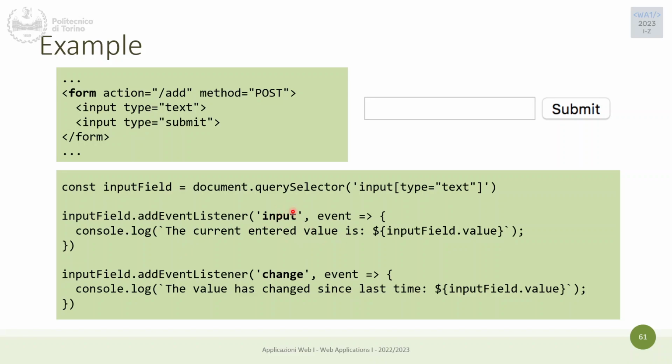So you see you are waiting for input, so every time that you hit a key, this event listener is triggered and the new value is printed on the console. Or you have also this event listener, change, that observes whether the value has changed since last time. You see they are quite similar events associated with the same object. They are probably both triggered when you try to insert something in the text area.